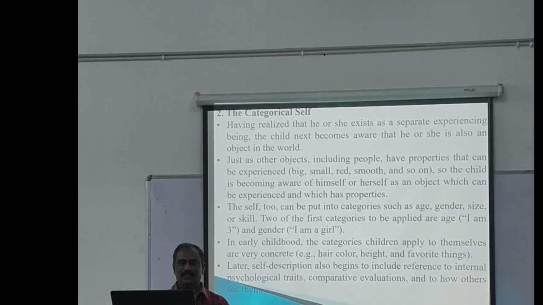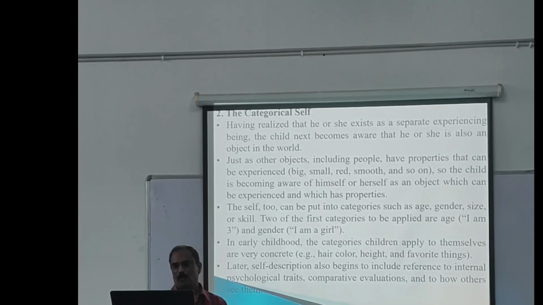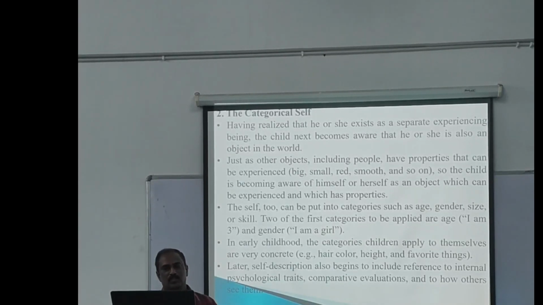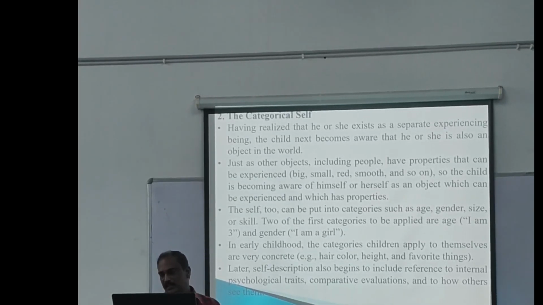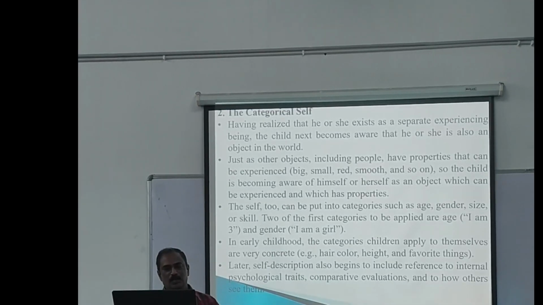Just as other objects, including people, have properties that can be experienced, big, small, red, smooth, and so on, the child is becoming aware of himself or herself as an object which can be experienced and which has properties.